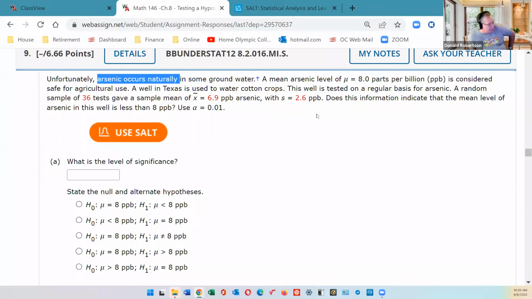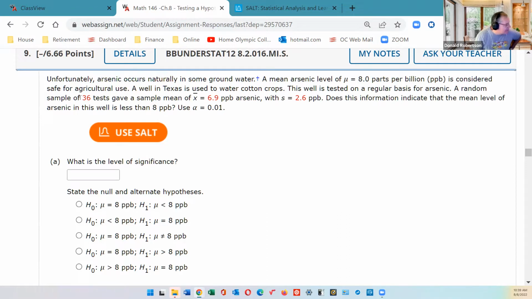Arsenic in groundwater. The mean arsenic level of 8 parts per billion is considered safe for agricultural use. So what's that? 8 molecules of arsenic for every billion molecules that are out there. Okay, nothing is ever zero. Would you agree that's close enough to zero, probably not to cause any injuries, right? So that's fine.